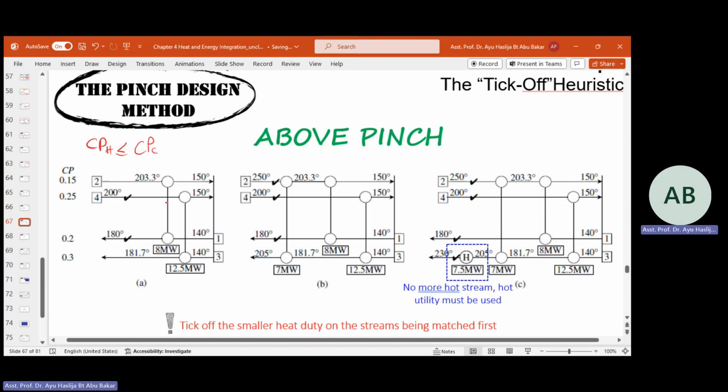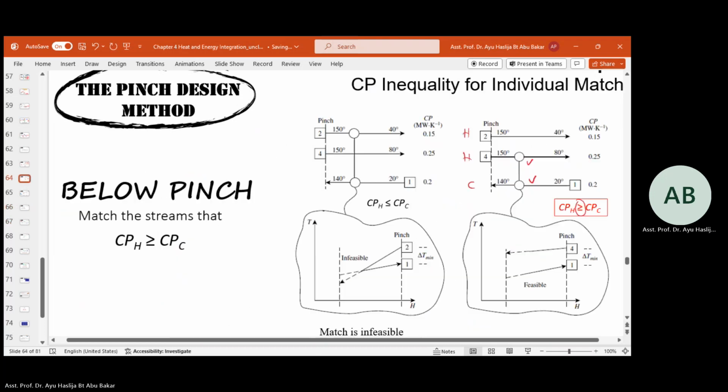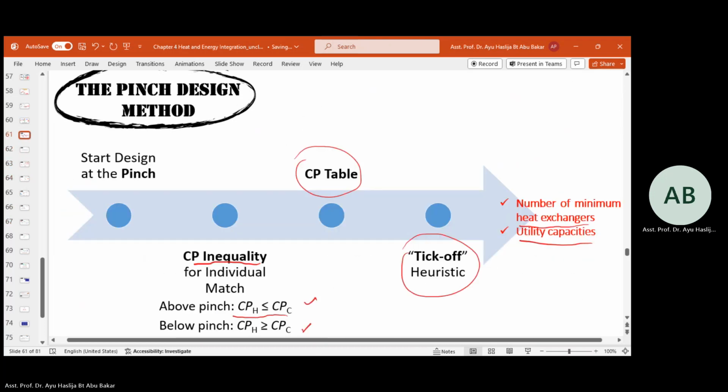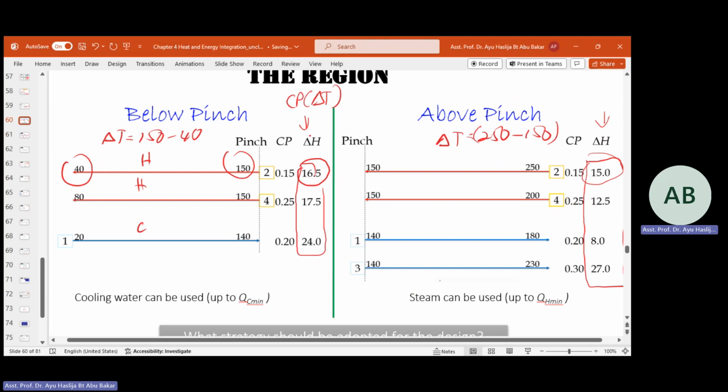Now, remember the delta H that you calculated earlier, above pinch. Okay, this one, delta H. Take note of this, delta H above and below.